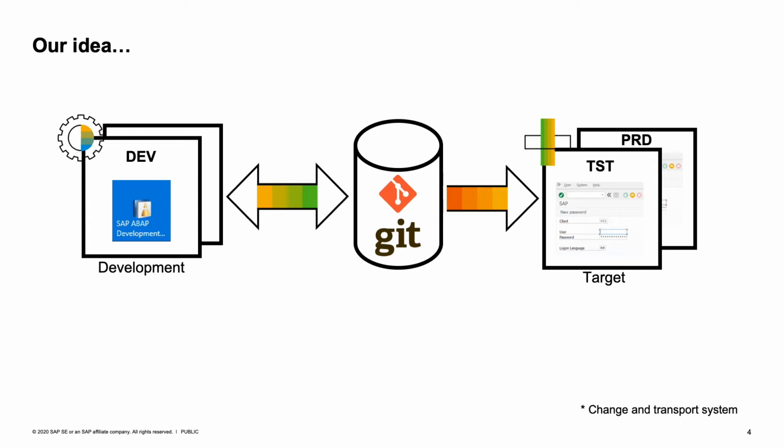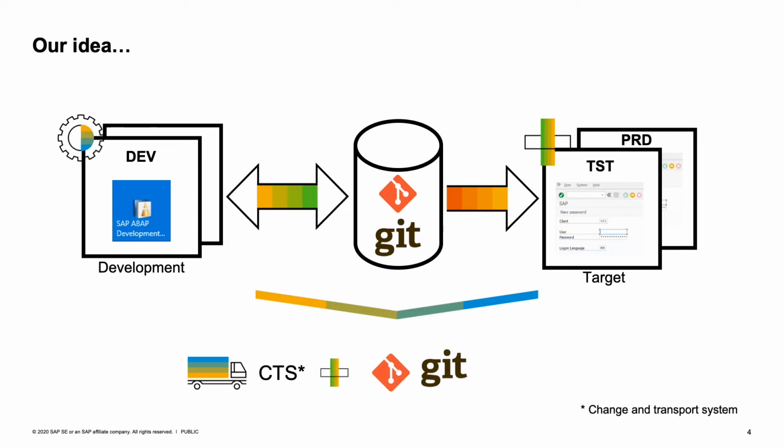There's still a transport request involved. We will see more details on this later, but the transport request will not go to the import queue of any target system anymore, but you will find a commit in Git, and you can use this commit to provide any other system with the changes that you developed. So we still have the classical CTS somehow in place in the background.